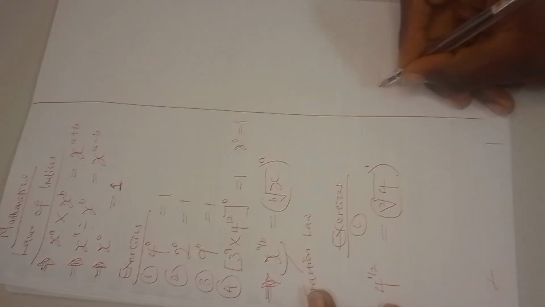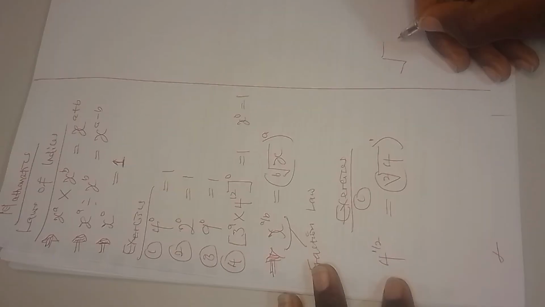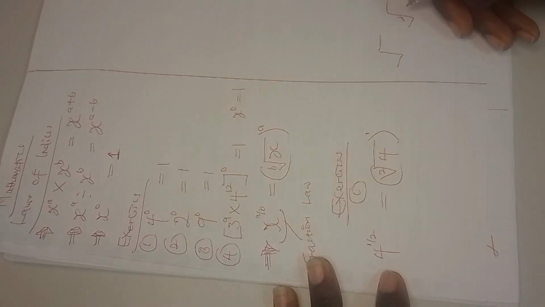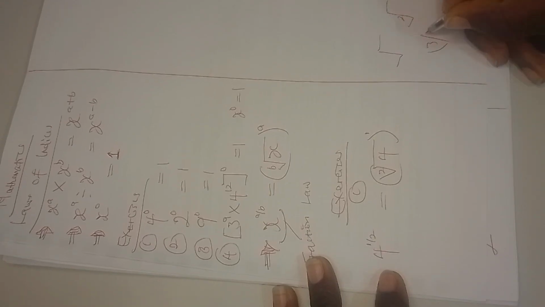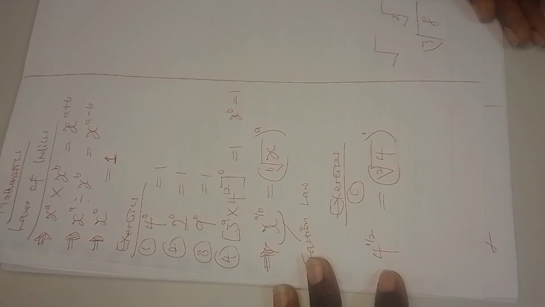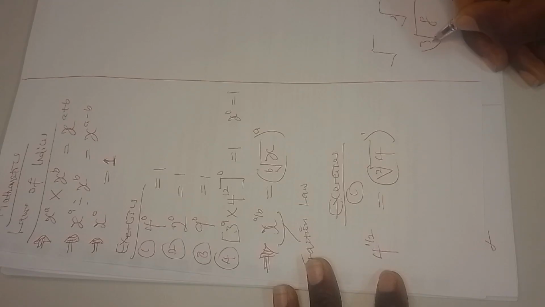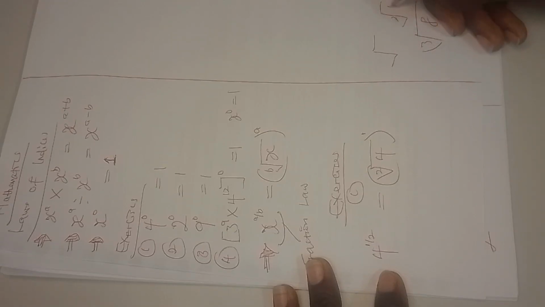The normal root you see is actually the square root, but the 2 is not usually visible. By the time you get to the third root, the fourth root, the fifth root, the numbers become visible. For example, the third root of 8 is equal to 2, so you see that the 3 becomes visible. But the square root of 4 is 2, and the 2 inside the root is invisible.